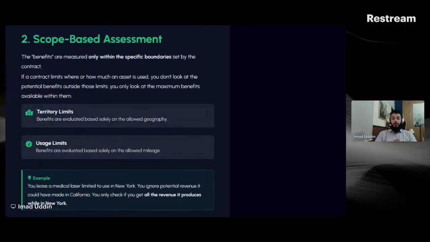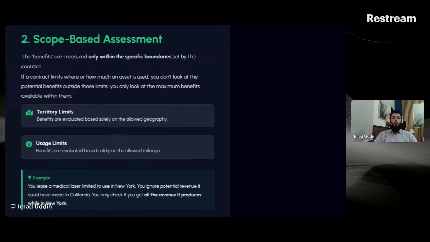The second thing that we talked about is scope-based assessment. So even though there might be some limitations to scope, if there are any, we would have to assess whether all benefits accrue to the lessee based on that scope. So the benefits are measured only within the specific boundaries set by the contract. So what kind of limits can there be? If a contract limits whether or how much an asset is used, you don't look at the potential benefits outside those limits.